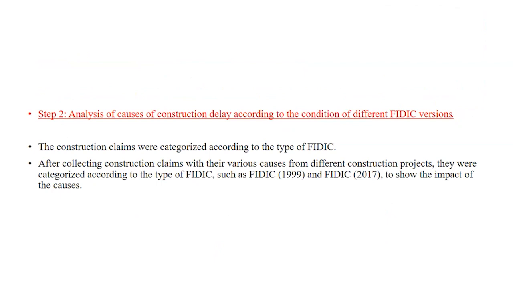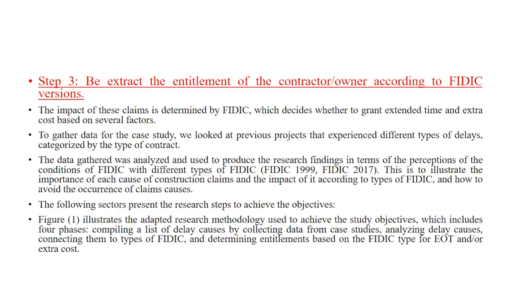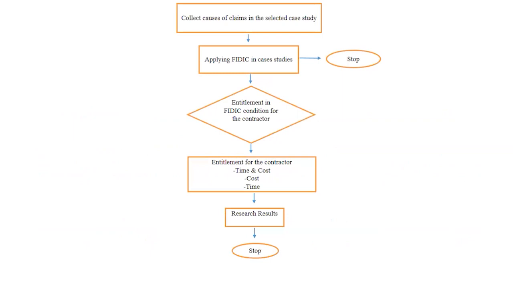Step number 3, we extract the entitlement of the contractor and owner according to FIDIC versions. This step is very important because the following section presents the research steps to achieve the objectives, and figure 1 illustrates the adapted research methodology.